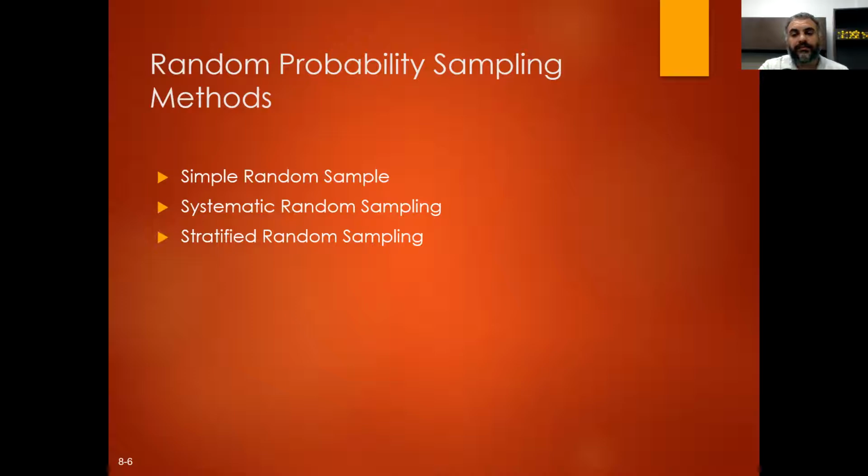So you will end up just surveying senior students. So when you pick stratified, you will have subgroups and make sure each member of your population has a chance to be represented in your sample.